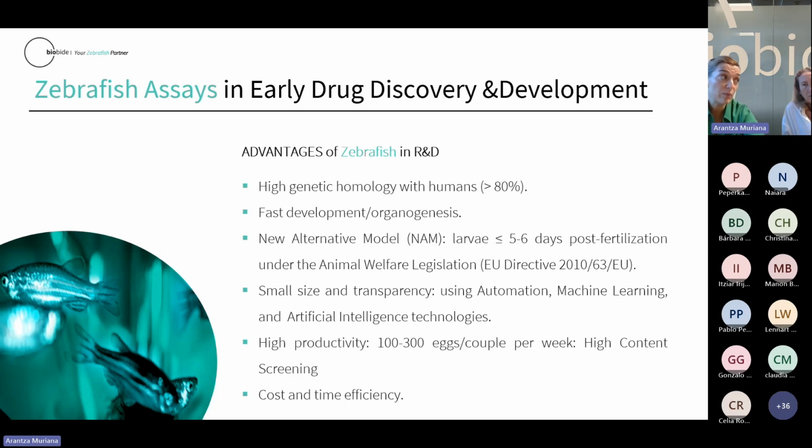The small size and transparency allow us using automation, machine learning, artificial intelligence technologies, and high productivity because we can have more than 200 eggs per couple of adults in a week, which allows us developing high content screening or phenotypic screening assays, making them a valuable tool for cost and time efficient assays.